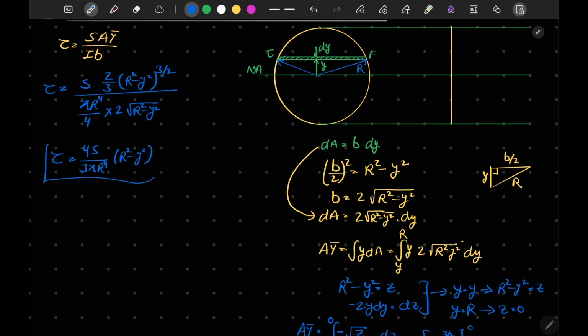So here also this relation is parabolic, and if we see here, at y is equal to plus minus R, the value of tau will be 0.